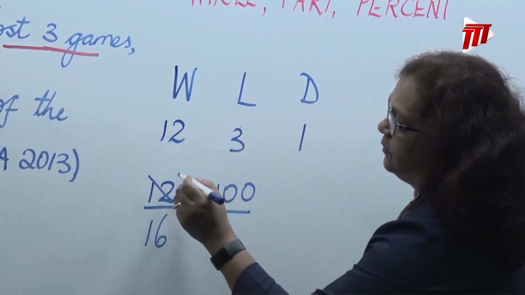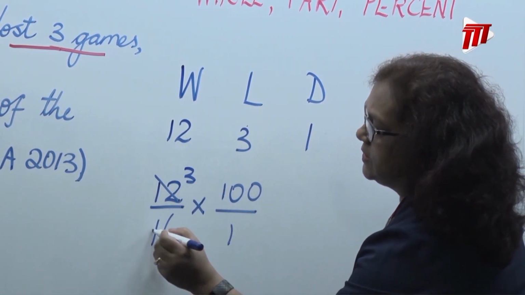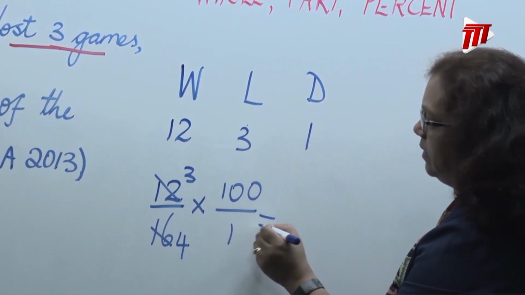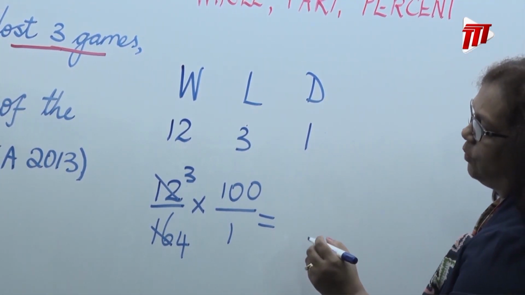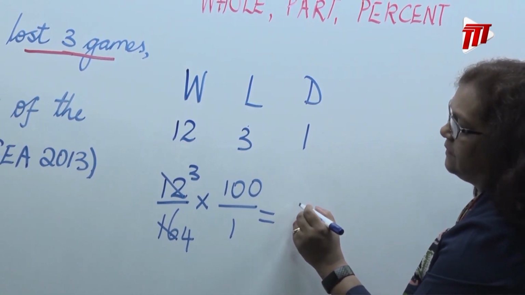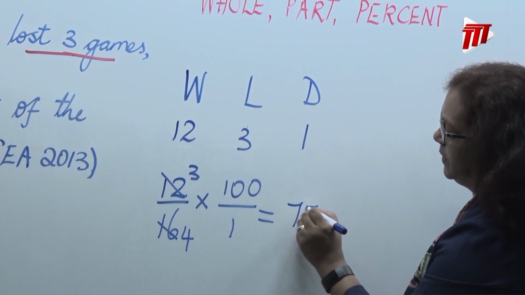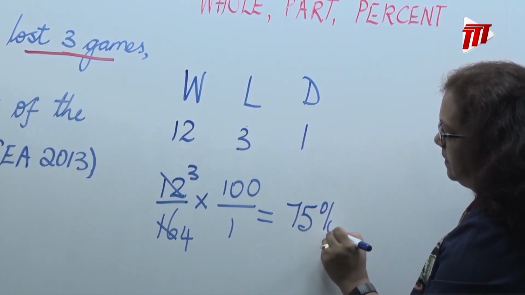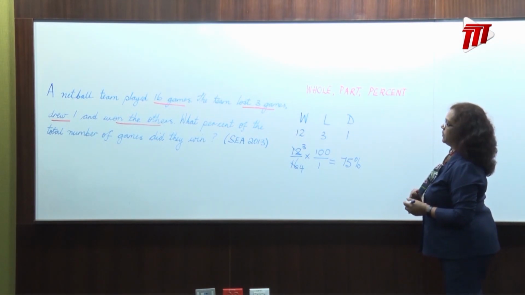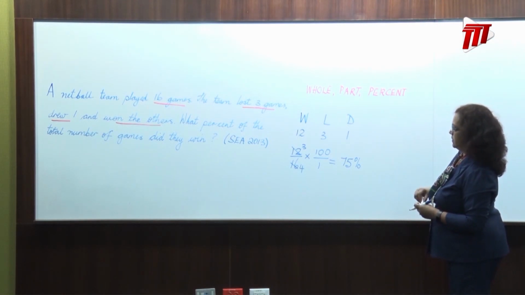We can go, 4 can go into 12 3 times. 4 can go into 16 4 times. And again, 3/4 by 100 will give me 75%. So they won 75% of their games.